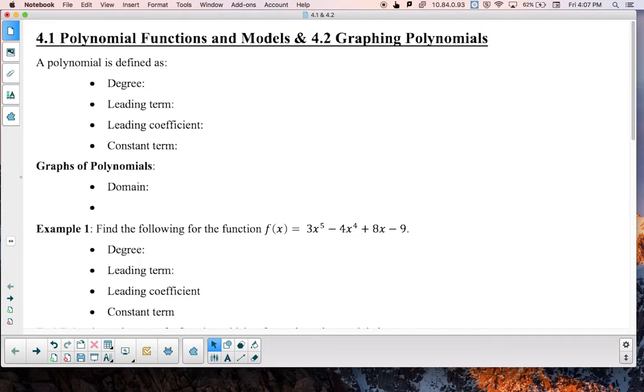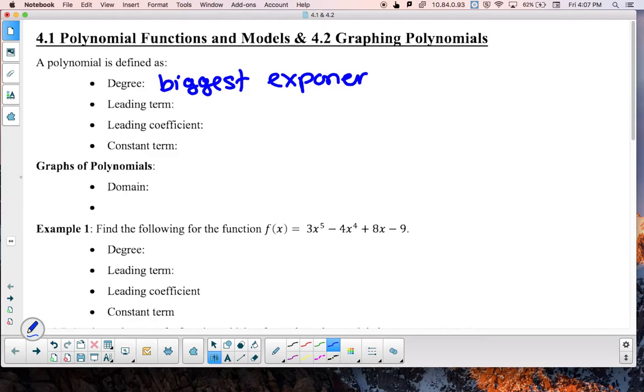So, a polynomial is defined by the degree, leading term, and leading coefficient. The degree is just our biggest power, or our biggest exponent. Our leading term is the number with x with the largest exponent.